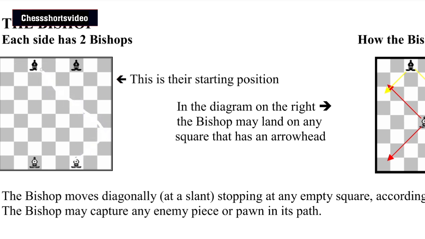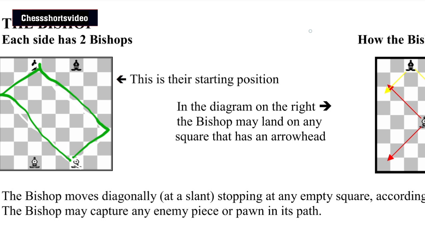You can say it's also a rectangle. I just use another color. Yes, such a way. Okay, so do not get confused. Each side has 2 bishops. One moves only on white blocks. One moves only on black or dark blocks.